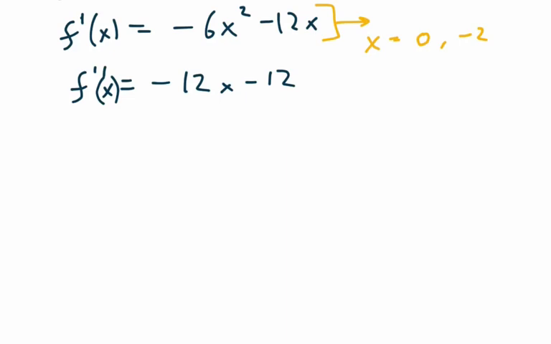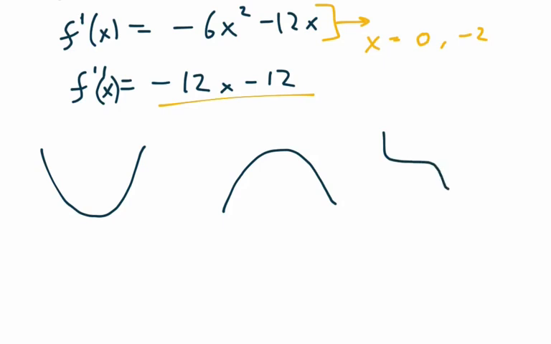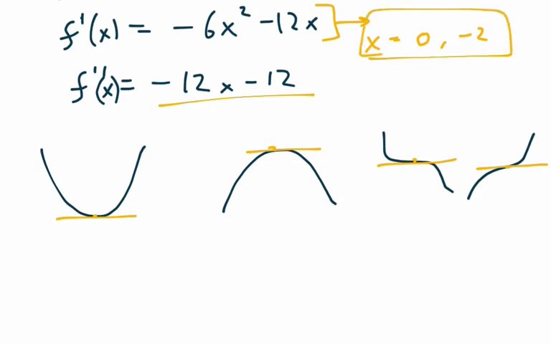But now, instead of constructing a chart, we can find the second derivative. We know that at x equals 0, one of three things could happen. Either it's a minimum and looks like this, or it's a maximum and looks like this, or it's neither and looks like this or this, like an x cubed function. In all four of these examples, the first derivative is 0, consistent with obtaining critical points.